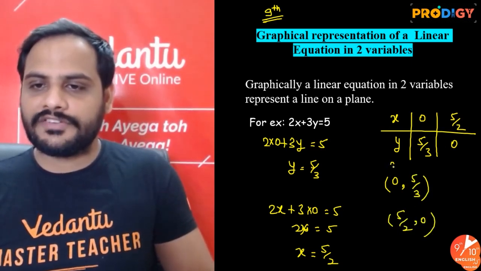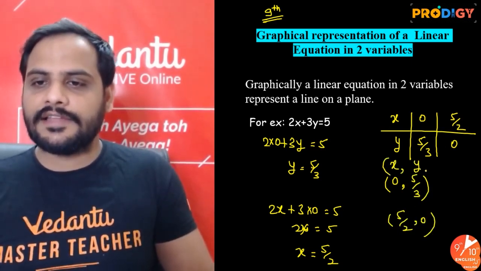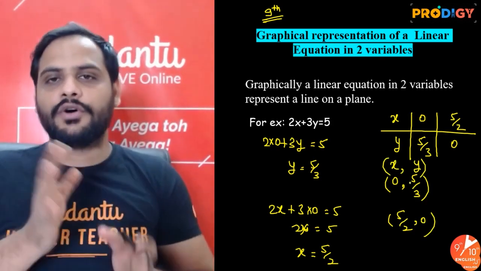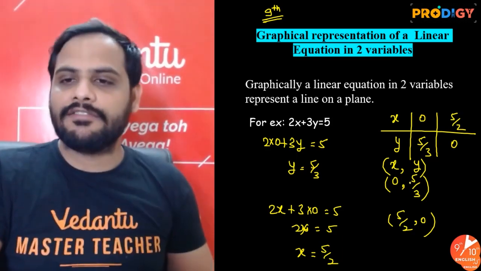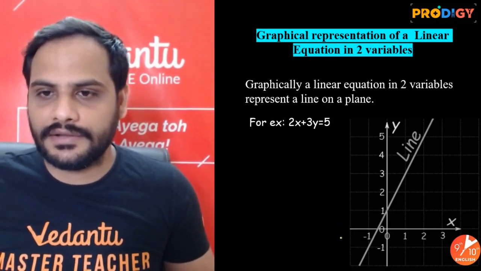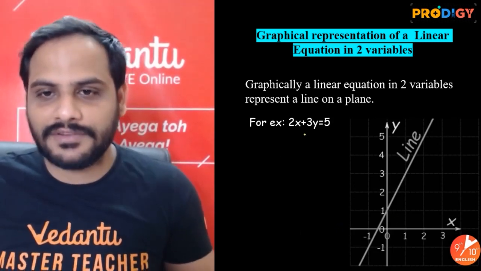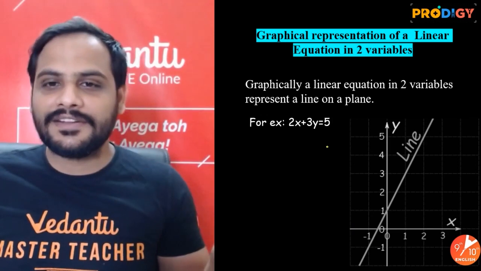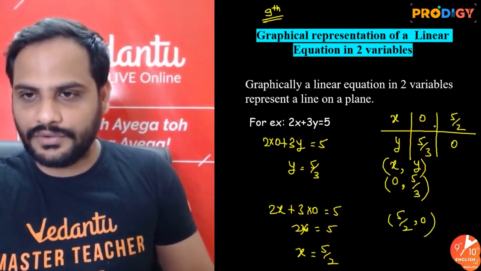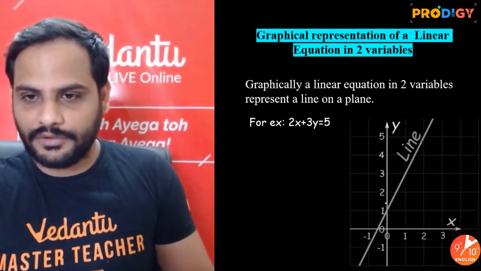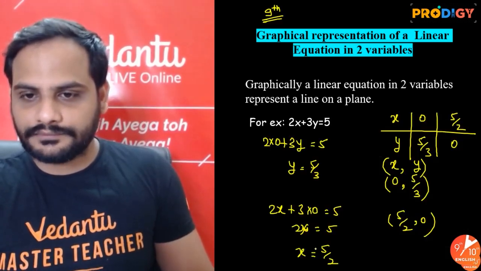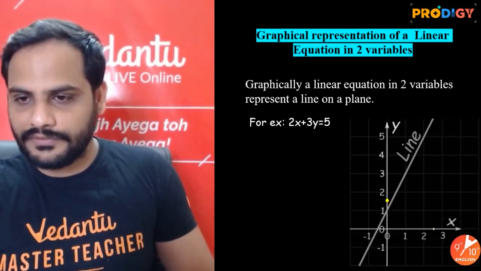As all of us know, first I will write the x coordinate and then the y coordinate. Now if I plot these points on the graph paper and join both, I will get my solution. The first is (0, 5 by 3), so on the y axis 5 by 3 will be somewhere over here, and then (5 by 2, 0), so 2.5 somewhere over here.